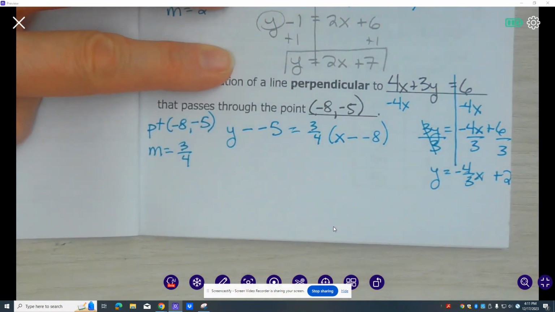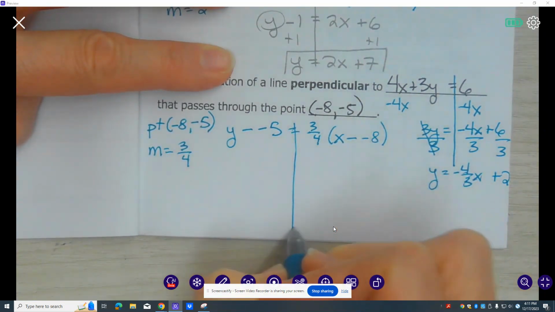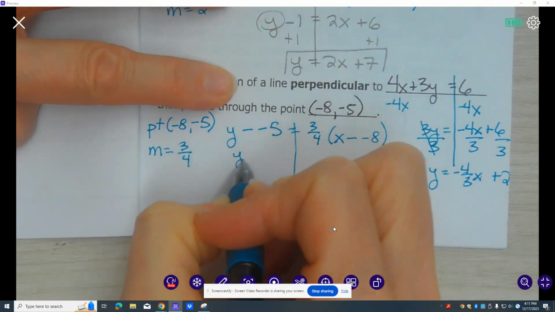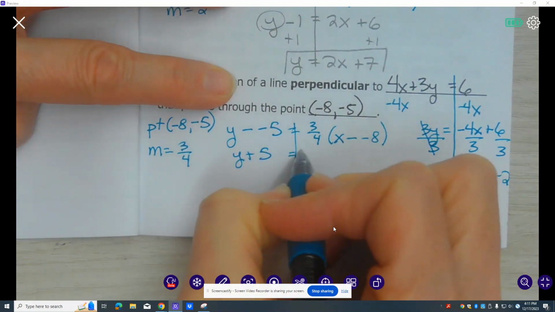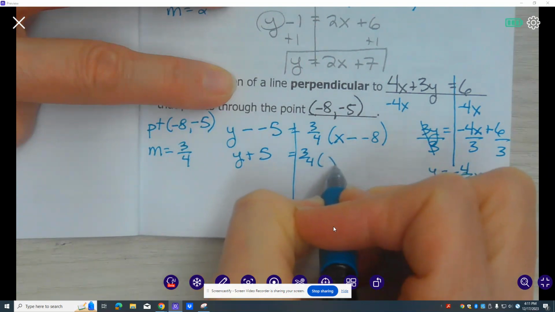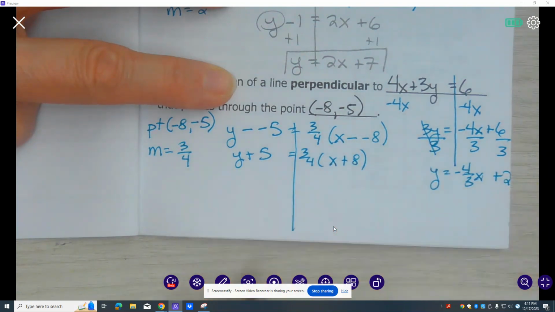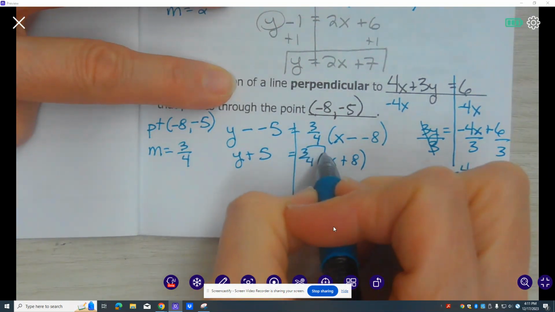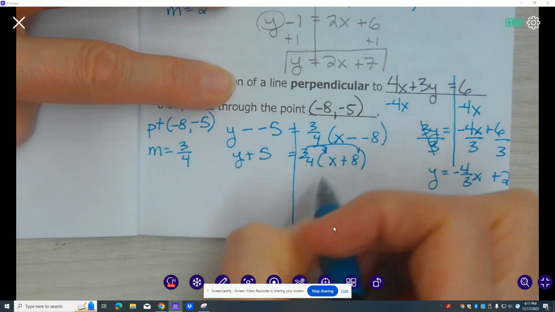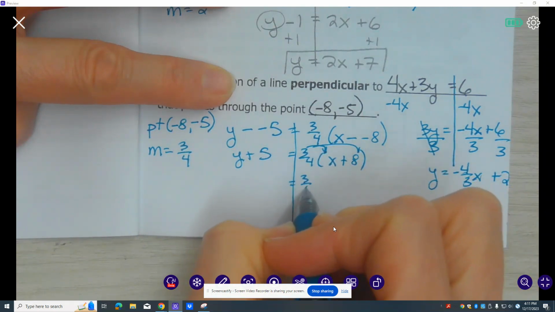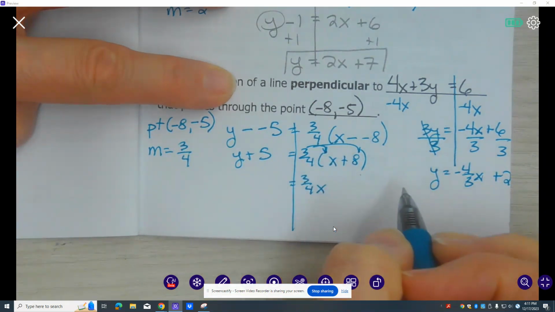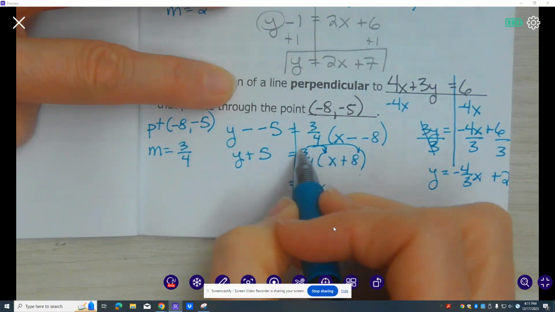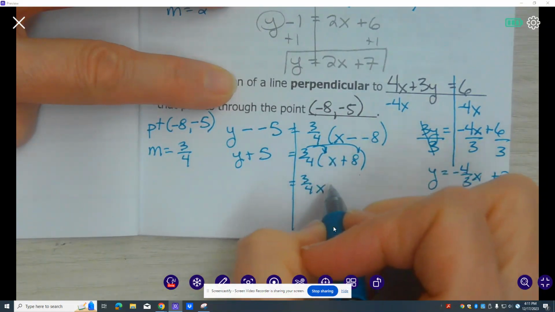Okay, let's put this in slope-intercept form also. Let's solve for y. So first thing I'm going to do is write those minuses and negatives as a plus, and then distribute the 3/4. Multiply 3/4 times x, 3/4 x. 3/4 times 8. 8 times 3 is 24. 24 divided by 4 is 6.